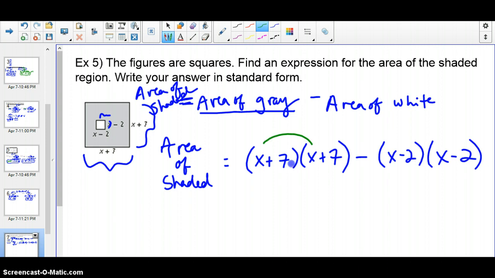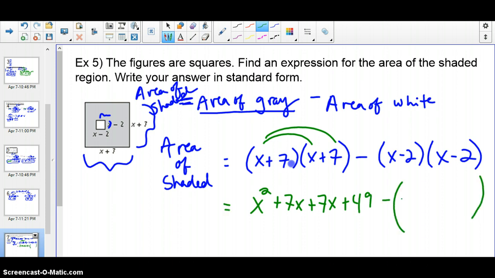I'm going to start foiling: x squared plus 7x plus 7x, or you could use your pattern. You know a pattern now. And then I'm going to FOIL in here. So this is going to be x squared minus 2x plus 4. All right, now make sure when you subtract this whole expression here, you distribute that minus sign.